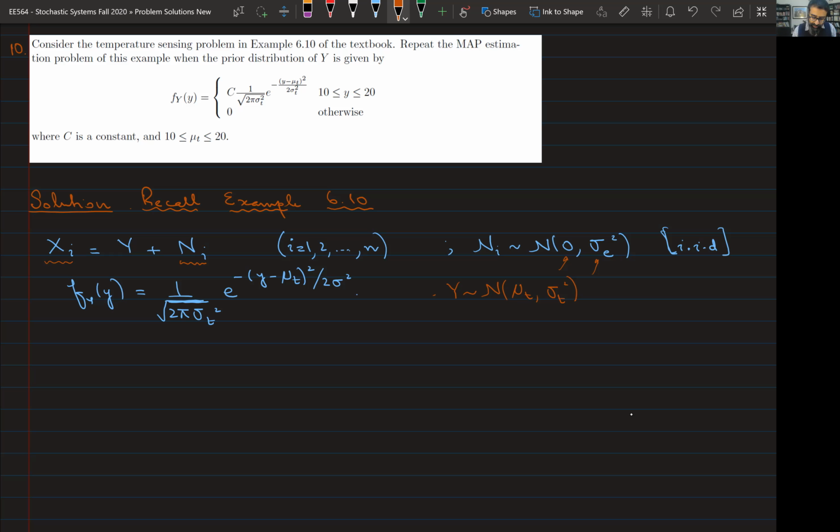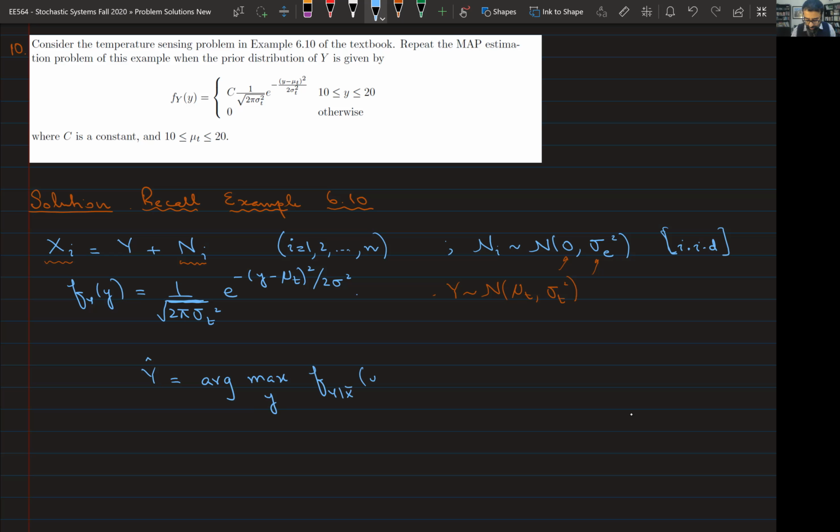So what example 6.10 stated was for you to determine the MAP estimate, right? Let me just call it y hat, the MAP estimate given the information. So this is argmax, and you're searching over y, trying to maximize f of y given all of the observations on the vector x.